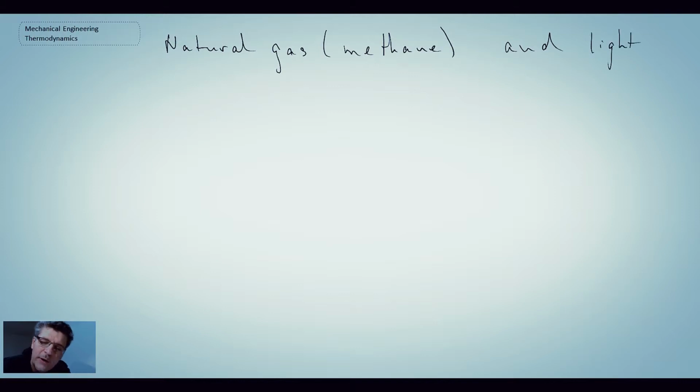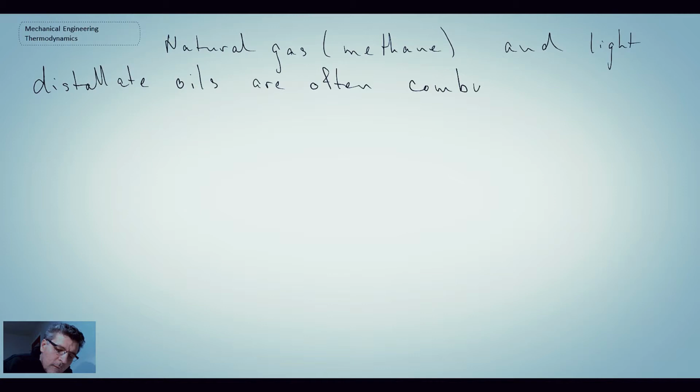Consequently, economically, the gas turbine engine is good, because these fuels are a little less expensive than gasoline, for example. They are not as sensitive as the internal combustion engine to the types of fuels that are combusted.